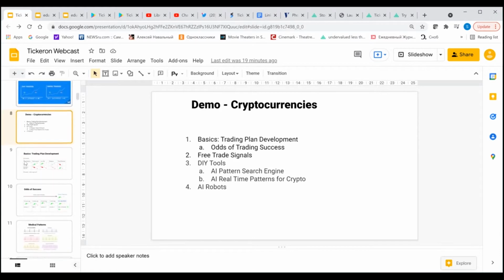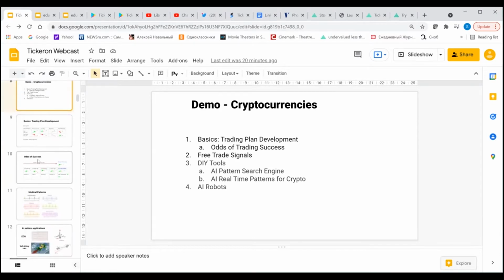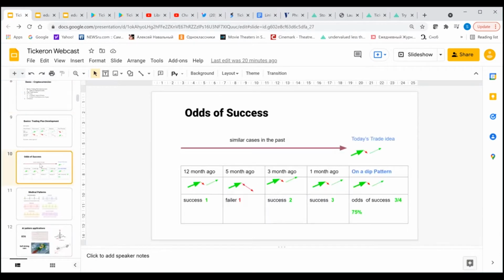First, a little bit about backtesting. Let's say you have an idea, imagine crypto goes up, down, and up. So this is a trade idea, and you think you can trade that. What we do is recognize different types of patterns and trends, and then test that in the past.